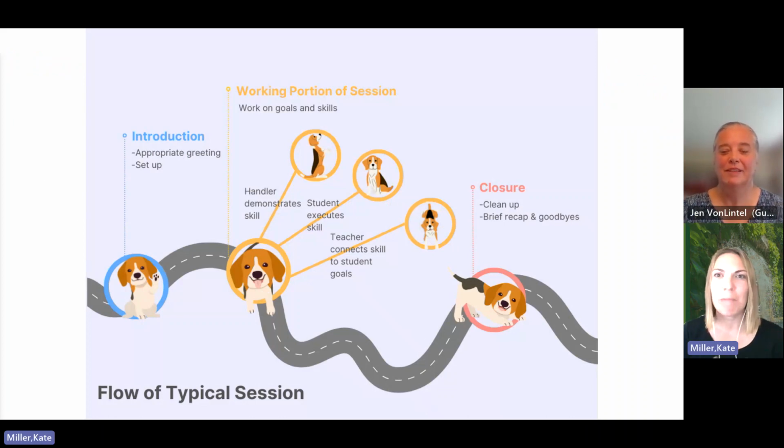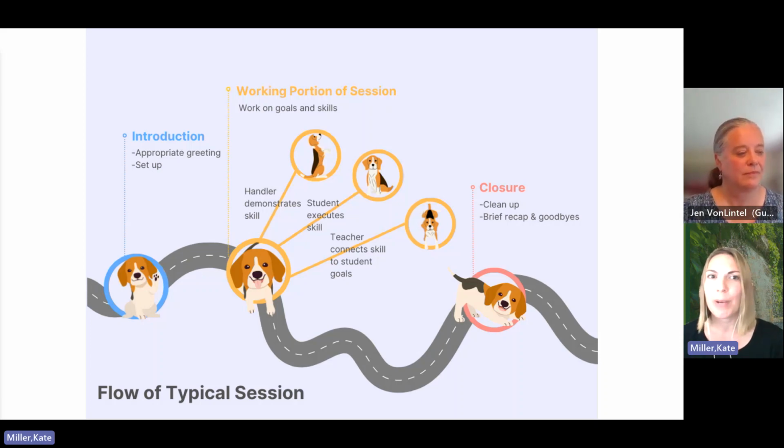Yeah, so we came up with this little infographic to walk through what the flow of a typical session might look like, starting with an introduction, and then there's a working portion of the session, and then a closure. We're going to dive a lot more into this in a couple video examples later on.